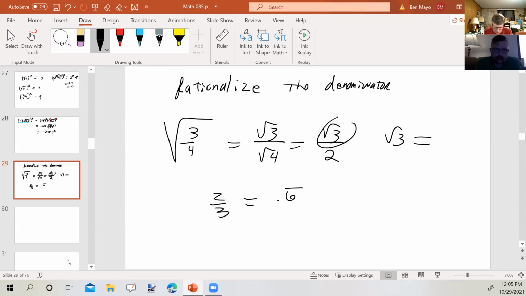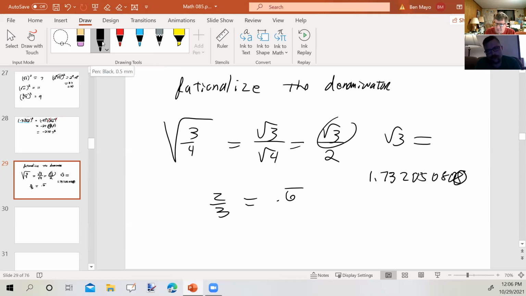If I punch in the square root of 3 on my calculator, I get 1.732050808. Now, it looks like it's starting to repeat. But if my calculator went out further, what's really happening there is this, whoops, had the eraser on.